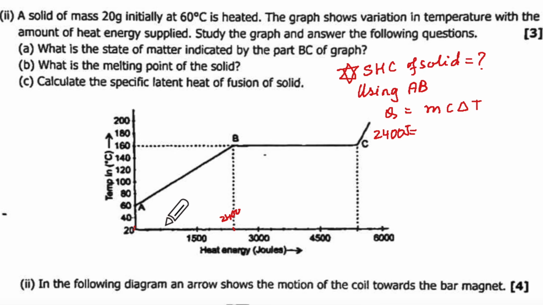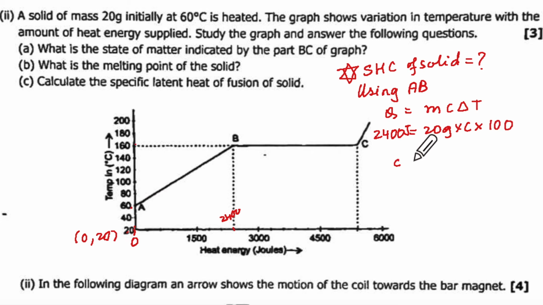So from here to here it will be 2400 minus what? Sorry, this is 20, 40, 60, but this is 0. Sorry, this is 1500, this is 3000, no? So this is 0. So this point is actually 2400. Understood? So mass will be 20 gram into C, and how much is delta T? 100.